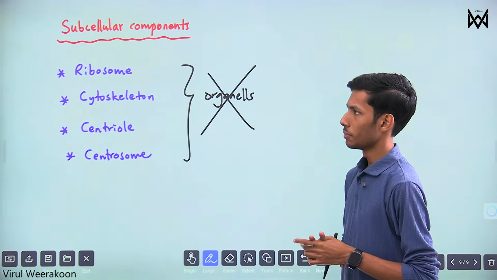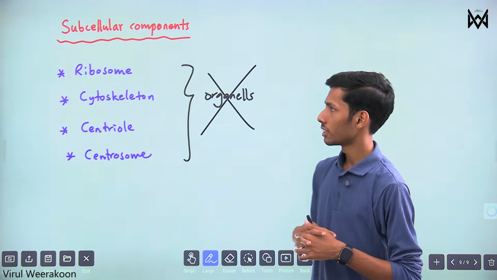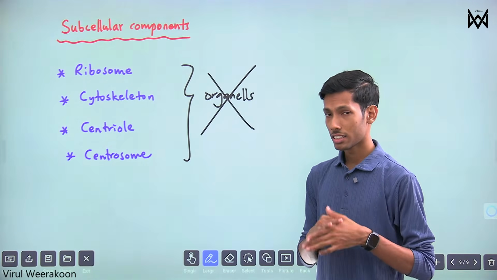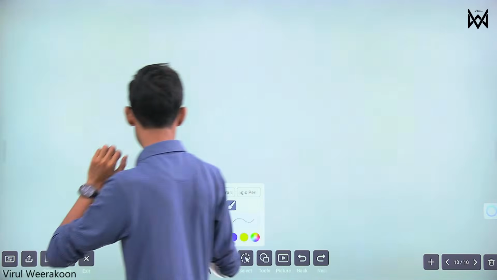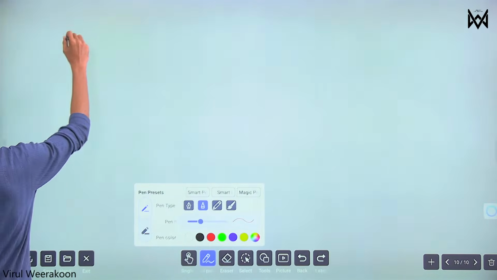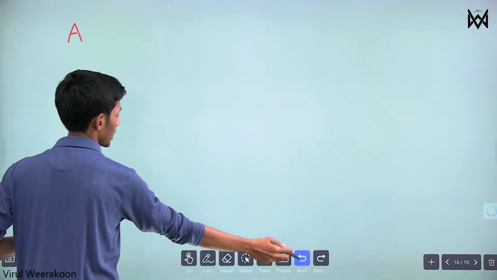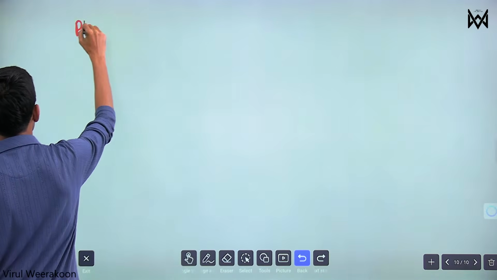Major differences between animal cell and plant cell, and how we can differentiate them. First of all, we will put plant cell on this side.